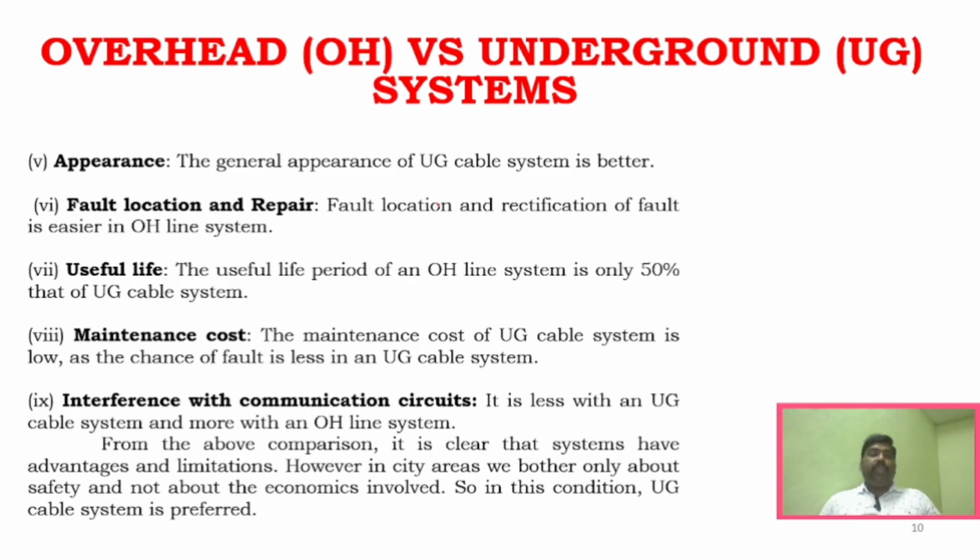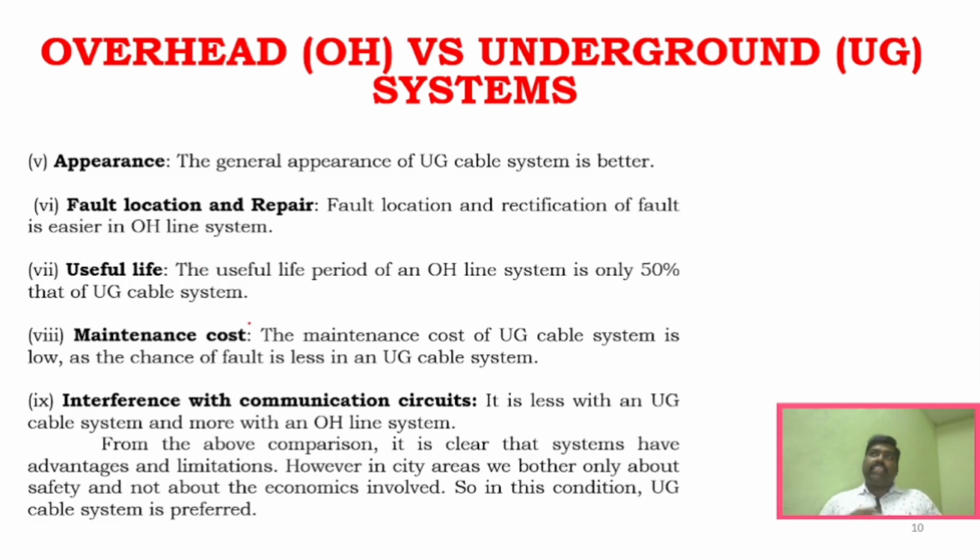And the lifetime of overhead cables is 50% less than the underground cables, right? And the maintenance cost of the underground cable system is low, where the chance of fault is less. And we have to invest more amount in overhead cables. That's because it is exposed to sunlight, so maintenance cost will be very high.